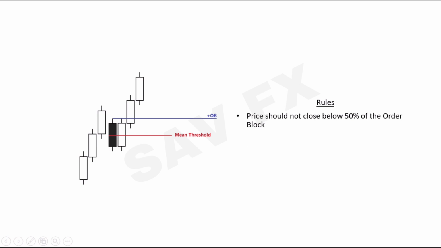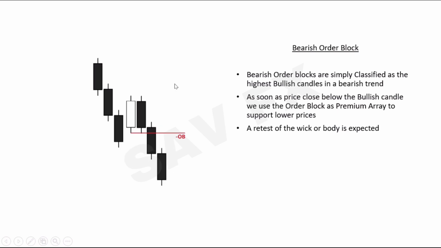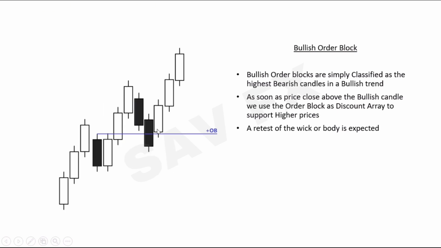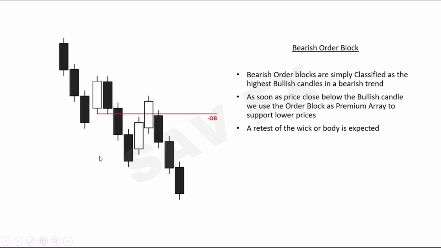With an order block, you do not want to see price close below. If you're bullish and price draws back into the range like this, you do not want to see price close below the 50% level, which is our mean threshold.